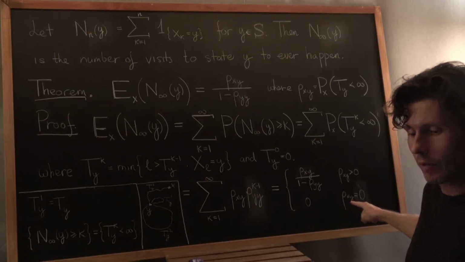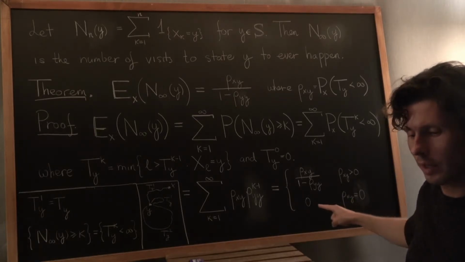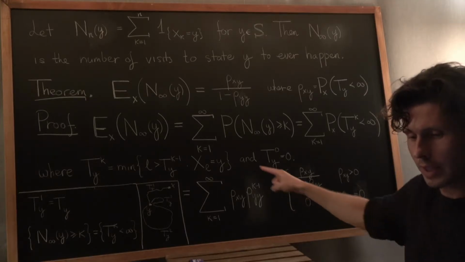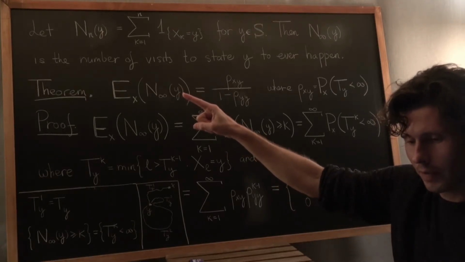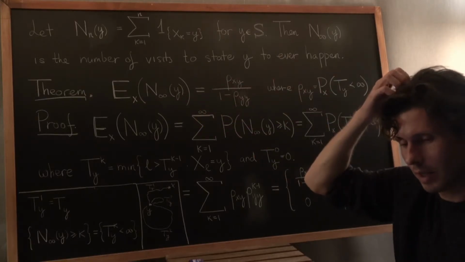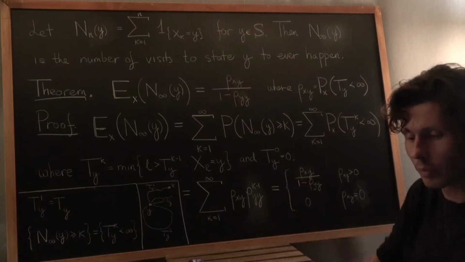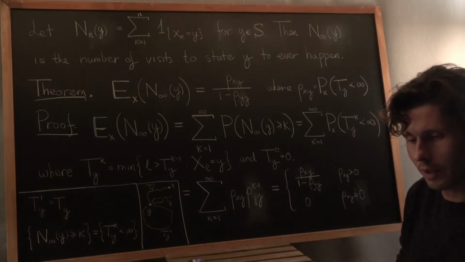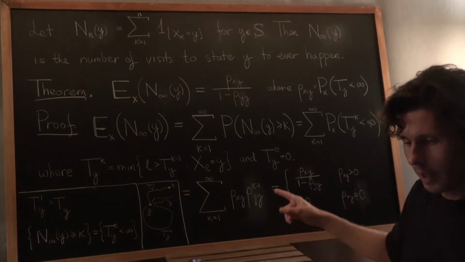Well, if we can't reach y starting from x in a finite number of steps, we never visit y. And so, no doubt, not only is the expected value of N_y 0, but N_y is 0 in that case as a random variable. It's no longer random, really.